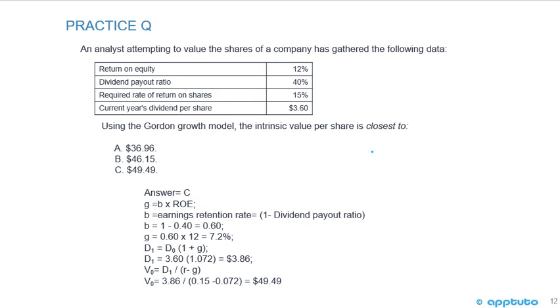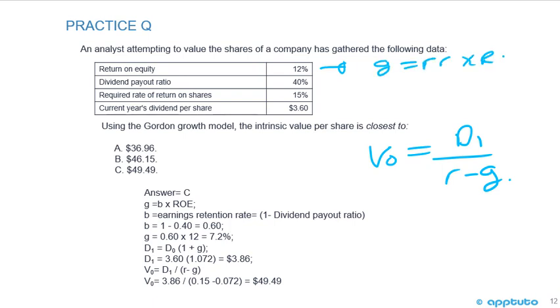Okay, I think this one is a little bit easier. We're going to do V0 equals D1 over R minus G, okay? So you can see they're giving us the return on equity, and G equals retention rate times ROE, okay? So I think you see how you're going to get the hang of this. And the payout ratio is 40%, so you don't even need a calculator, the retention rate is 60%.